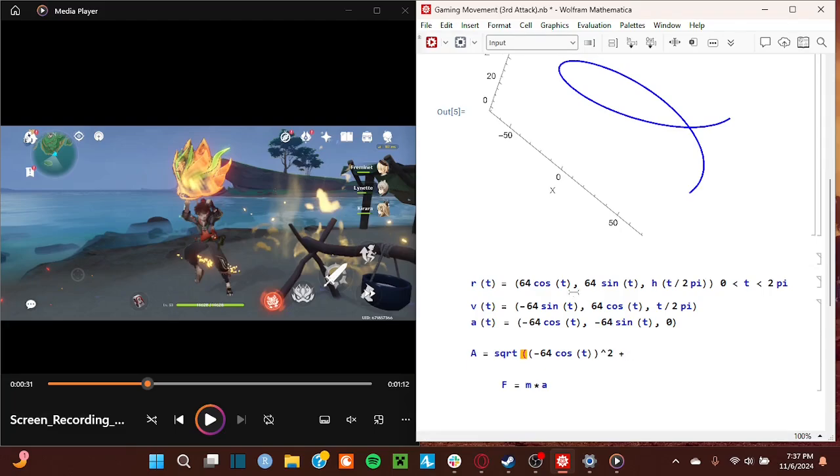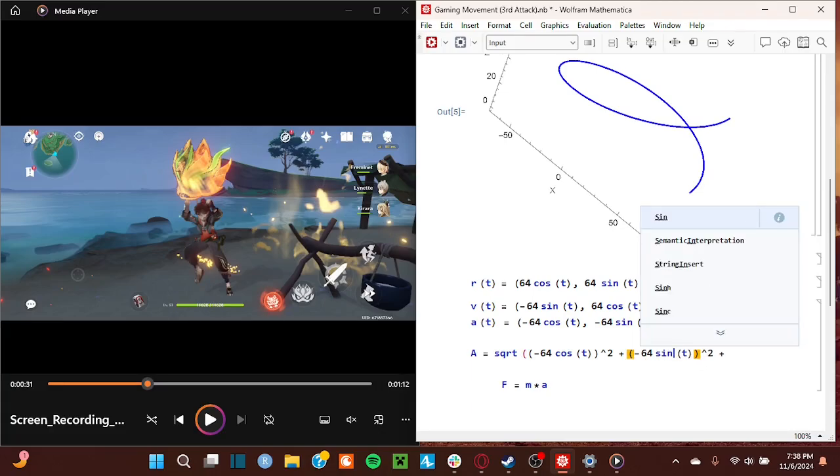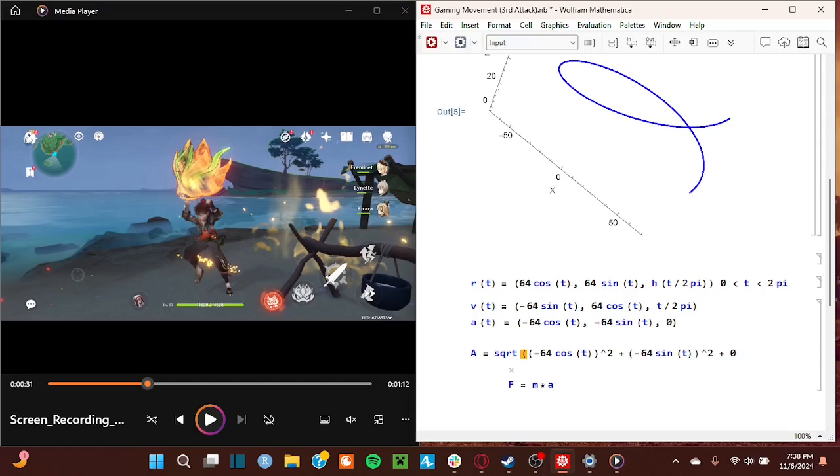And then you add this to, I'm going to copy this to make this a little easier, Control C, Control V, sine of this squared. And then we're adding this to 0 squared, which is just 0, so I'll just leave that as 0.